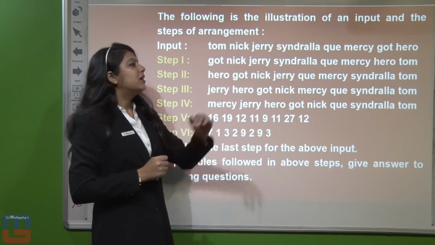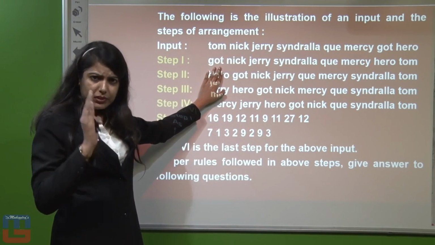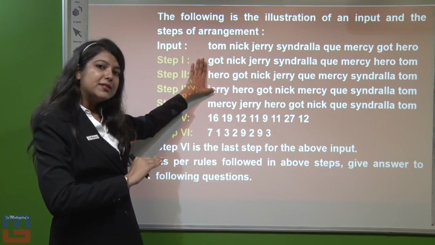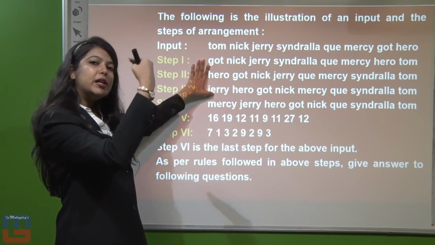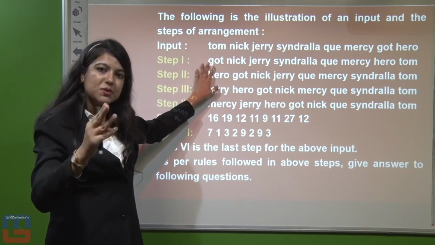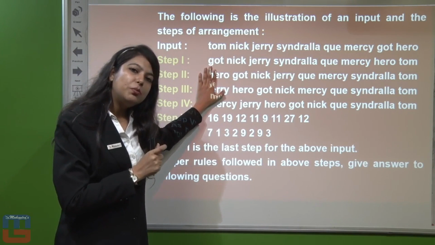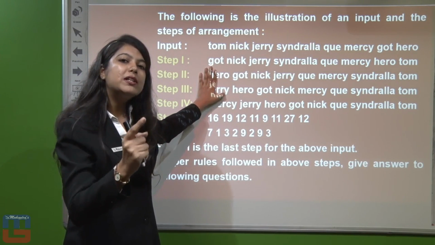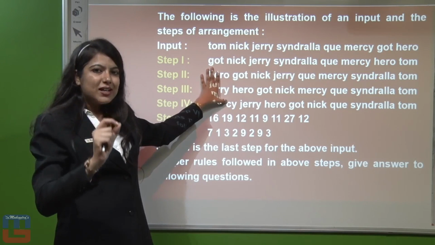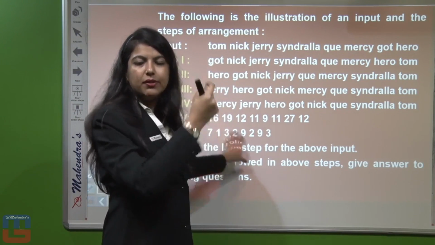Just focus, we will now understand what is happening in step number 1. In step number 1, Got is moved to the left-hand side, and according to Got, we are taking Tom to the right-hand side, because in step number 1 we are making 2 arrangements, one to the left and one to the right. Got, starting from G, is the smallest starting letter word according to the given arrangement.